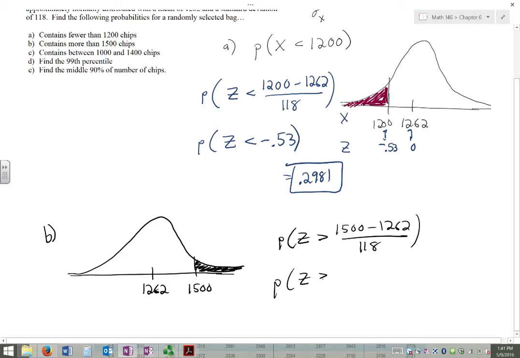So we have 1,500 minus 1262 divided by 118, and we have 2.02. Okay, so now a z-score greater than 2.02.